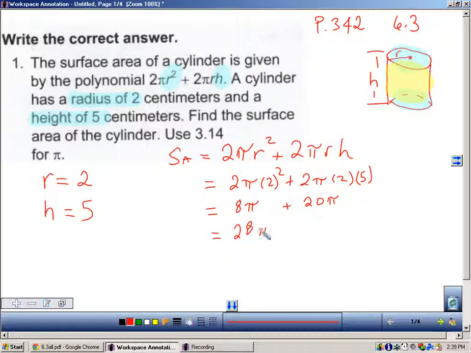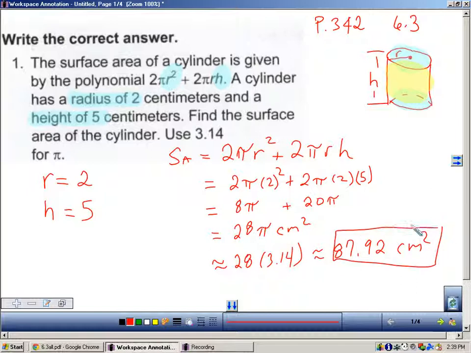This is the exact answer in square centimeters, but if we use 3.14 as our approximation, what we end up getting is 28 times 3.14, and that is 87.92 square centimeters. Okay, moving on.